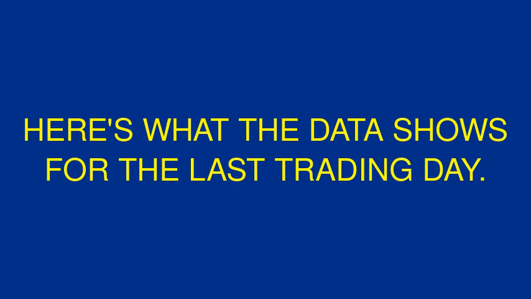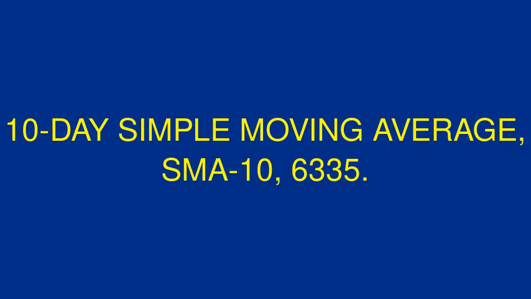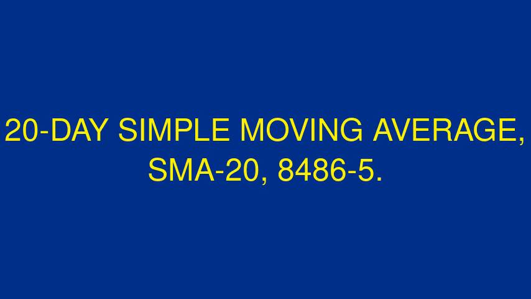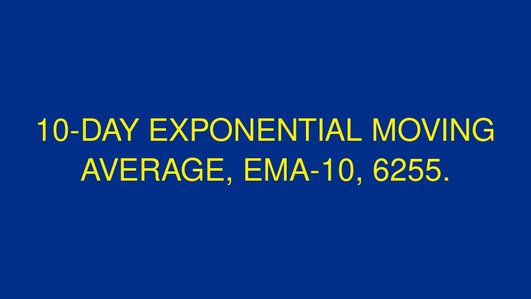Here's what the data shows for the last trading day. 5-day simple moving average, SMA5, 4,059. 10-day simple moving average, SMA10, 6,335. 20-day simple moving average, SMA20, 8,486.5. 5-day exponential moving average, EMA5, 51,309. 10-day exponential moving average, EMA10, 6,255.